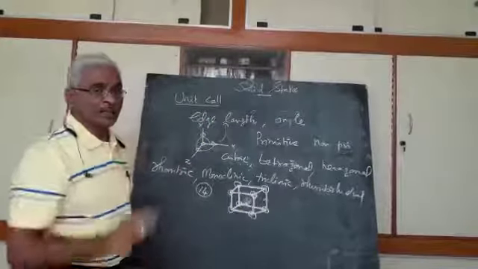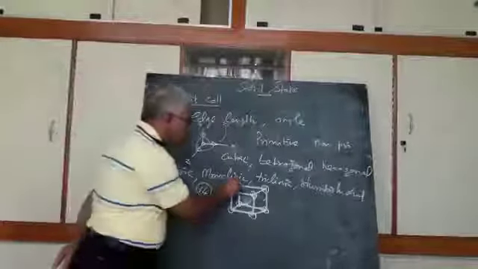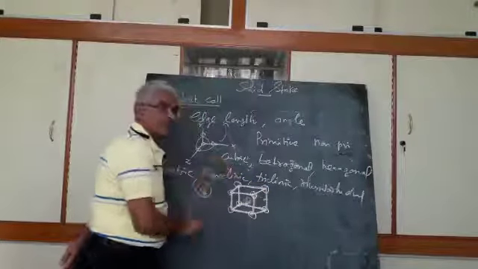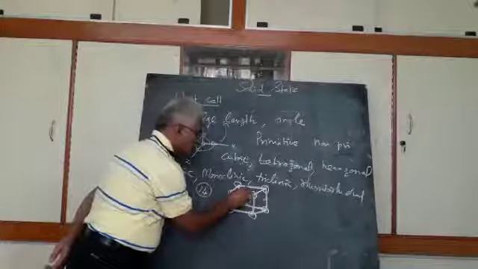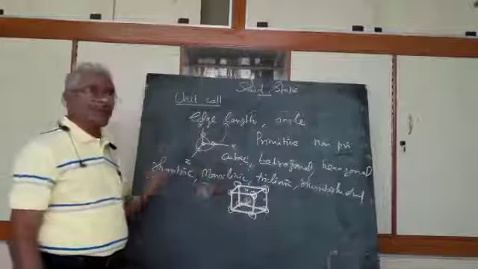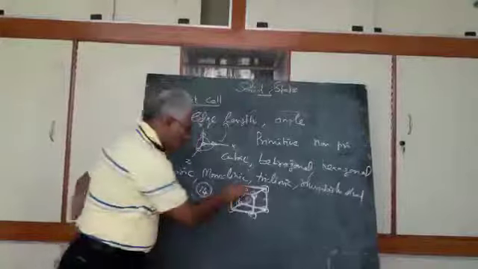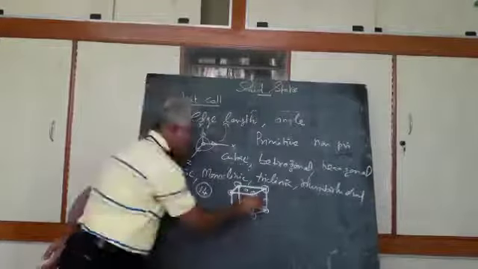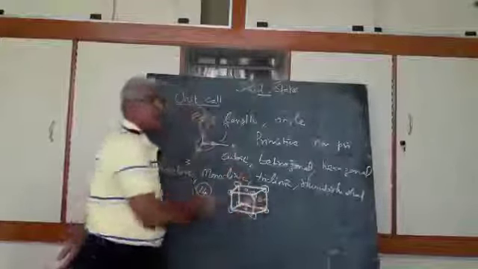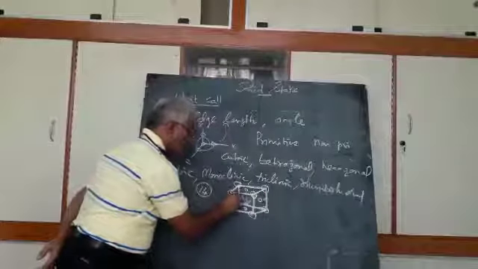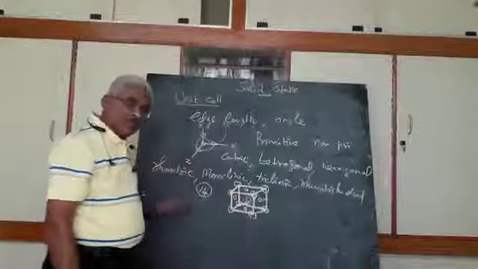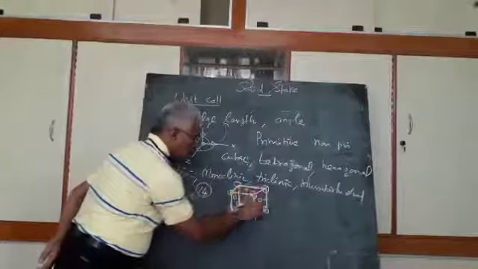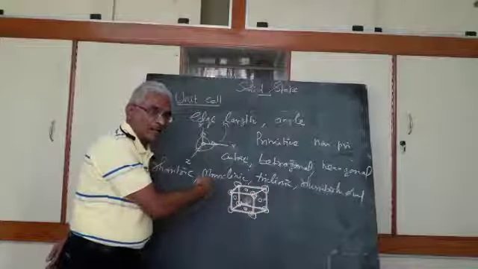If an atom is present in between these 4 atoms, it is called an atom at the face center. This is an additional point. One more atom at the face at the bottom. One more atom at the face in the right side. One more atom at the face center of the left face. One more atom at the face present behind, the back side.